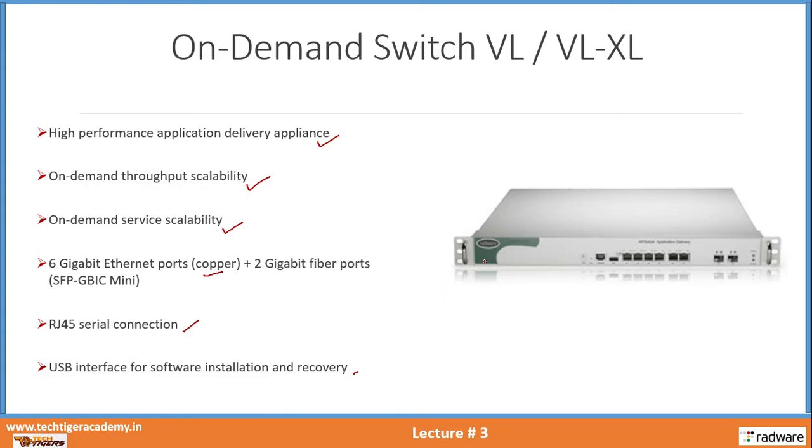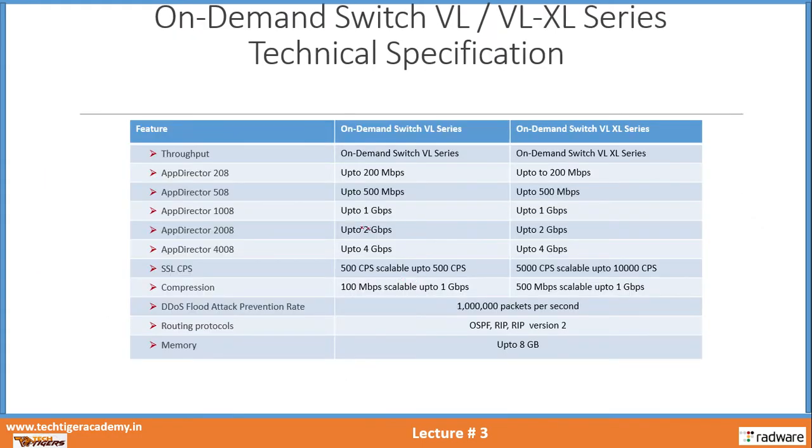It's rack mounted. This is the technical specification for the VL-XL series. If I talk about throughput, the different models available in AppDirector are 208, 508, 1008, 2008, and 4008. The 208 provides 200 Mbps of throughput, in both the VL series and the VL-XL series.